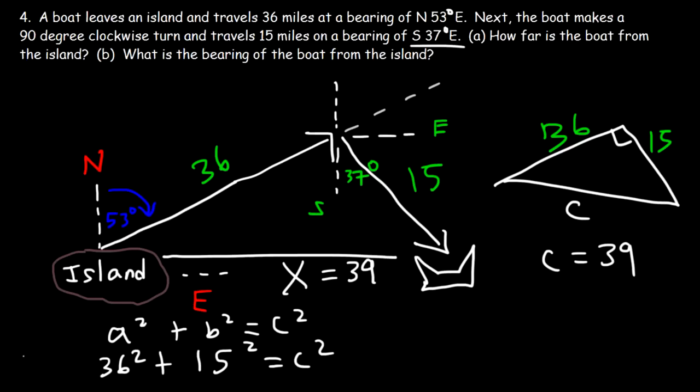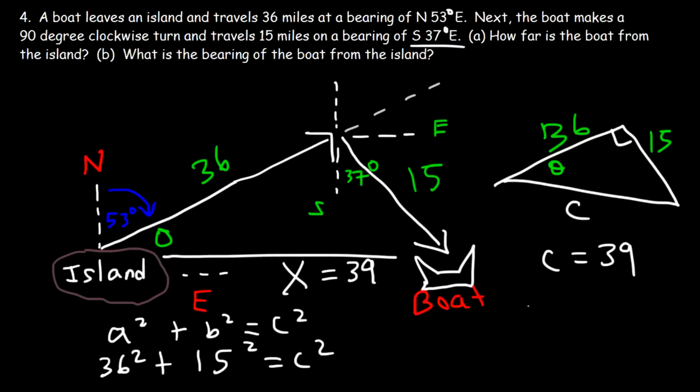Now we need to find the bearing of the boat from the island. So here's the boat. Here's the island. We need to know what the angle is relative to the north line. So basically, we got to find this angle theta, represented by the red line. Before we could do that, we need to find the angle inside the triangle. That is this angle.